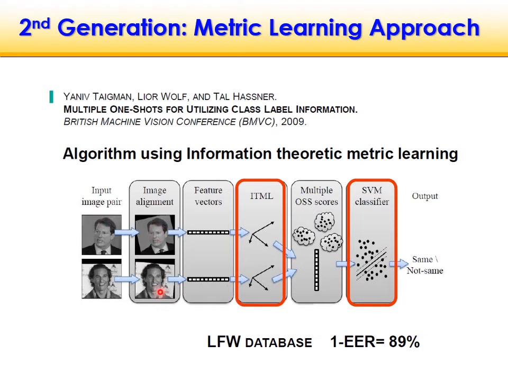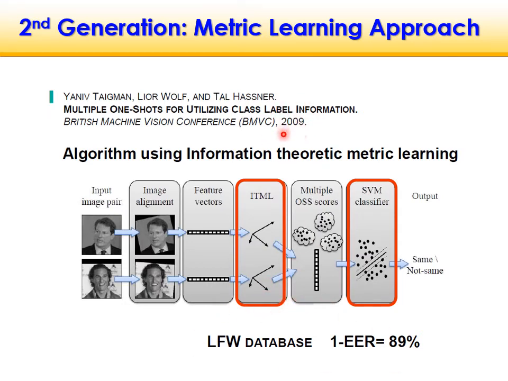First, there is face detection, segmentation, and alignment. Then we have the feature vectors, by linear projection or subspace projection. This is classical, and was a standard even in the first generation.